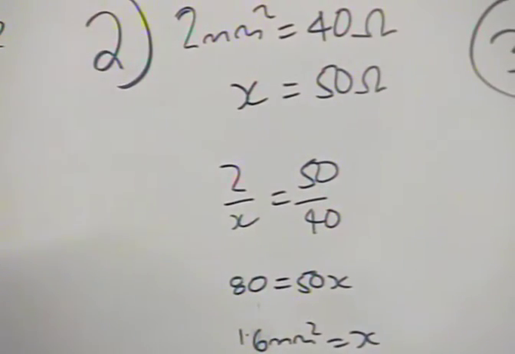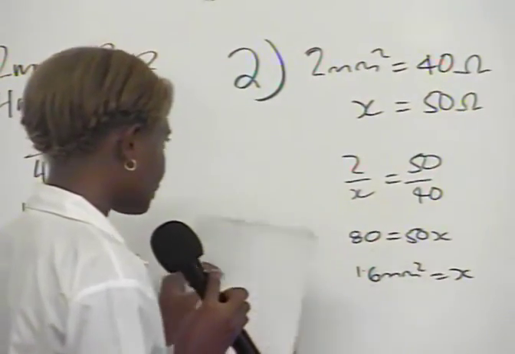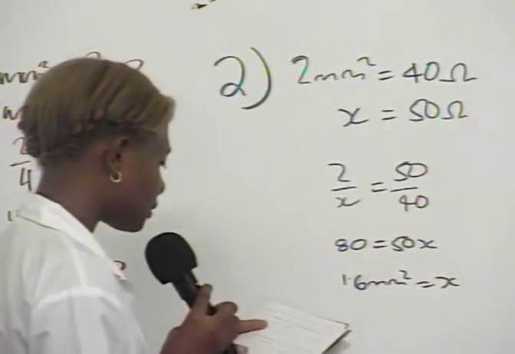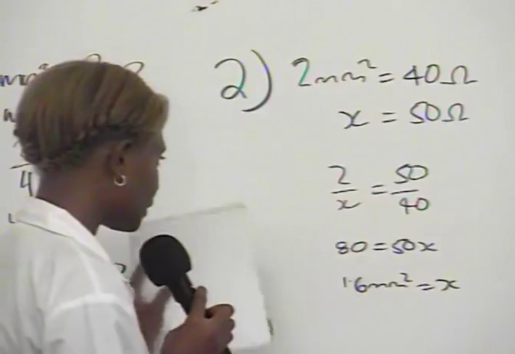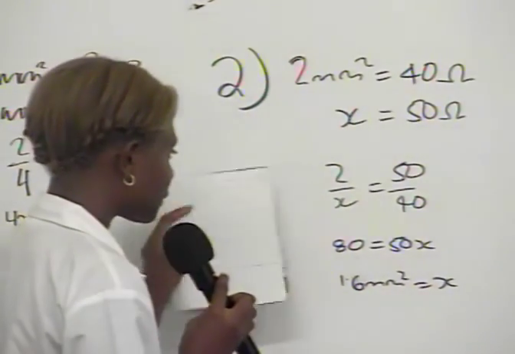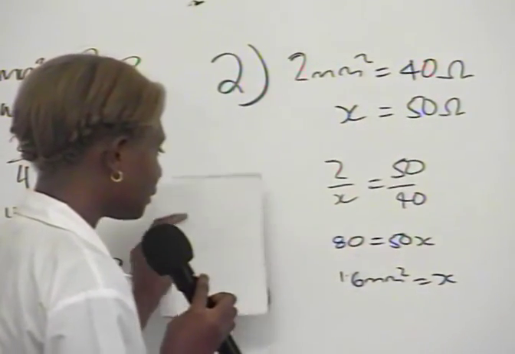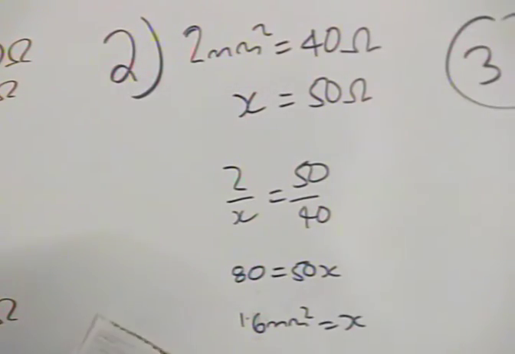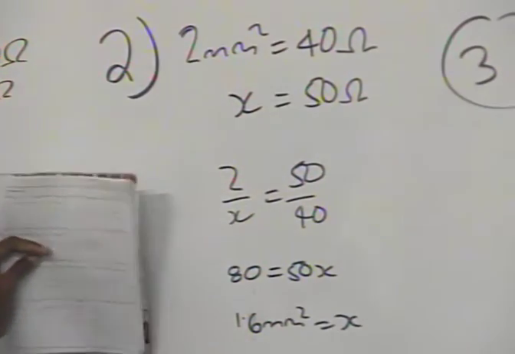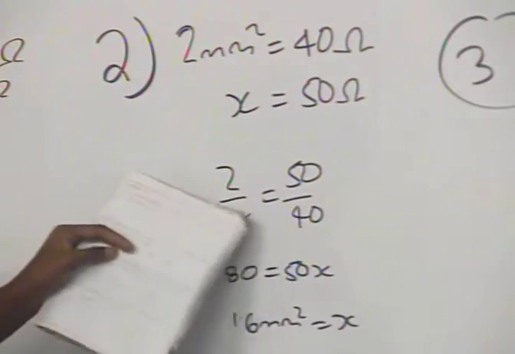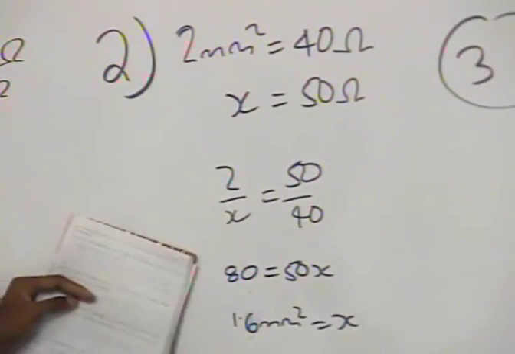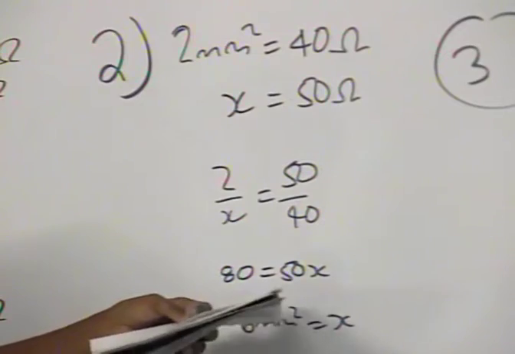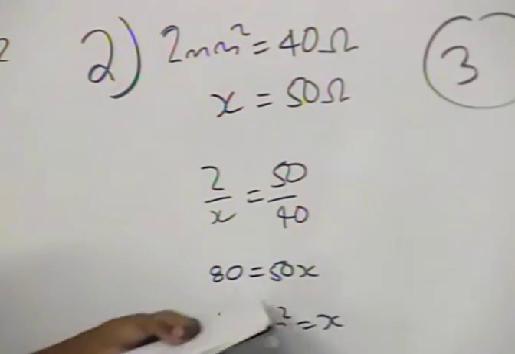Right, question number 2. We are asked to find the CSA. So given that 2 millimeters squared is equal to a resistance of 40 ohms, then we cross multiply and you get x on 2 is equal to 50 on 40. Then you cross multiply: 40 times 2, you get 80, and 50 times x, you get 50x.